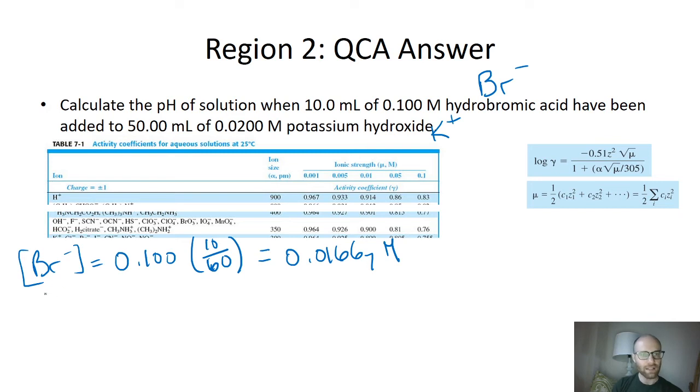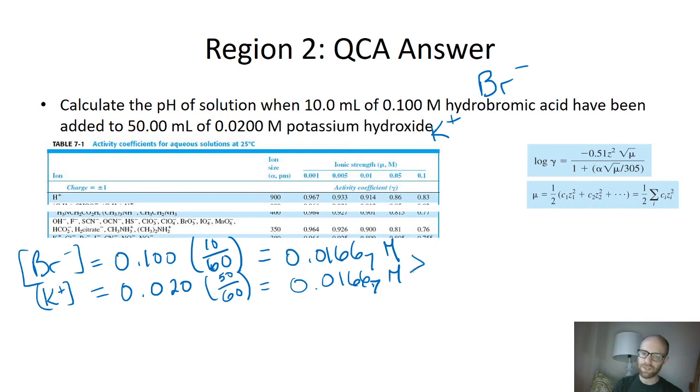And the potassium concentration is 0.020 times 50 over 60. Oh, it's the same thing. And since these are both +1 -1 salts, then we know that the ionic strength is equal to 0.01667 molar. You guys see why I brought back up that ionic strength calculation?